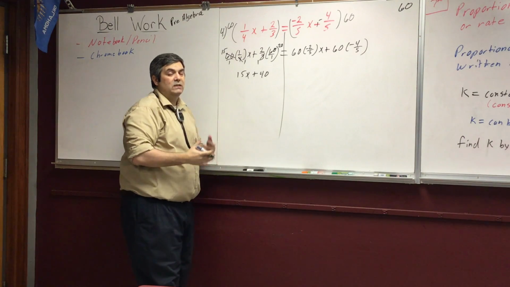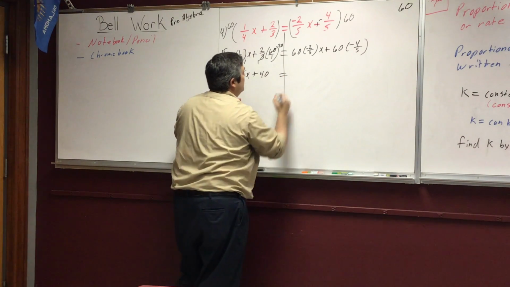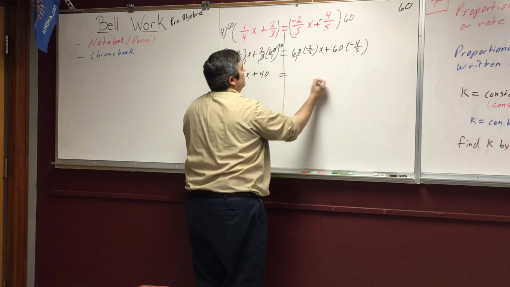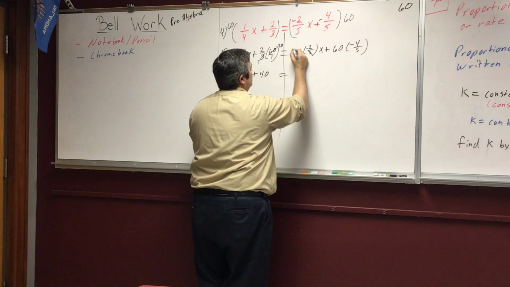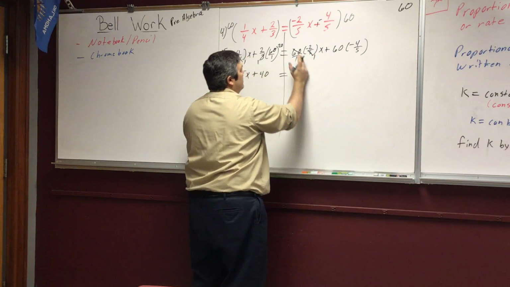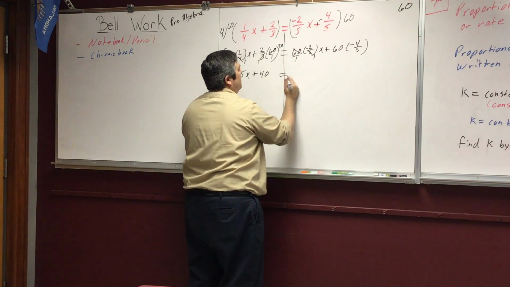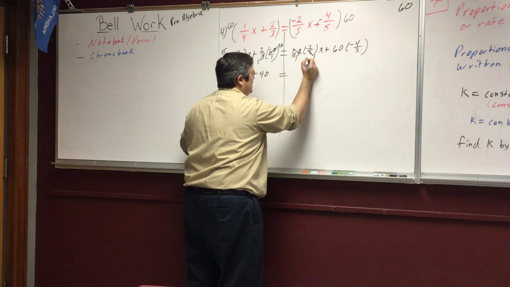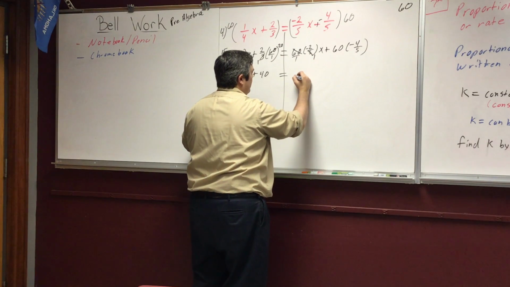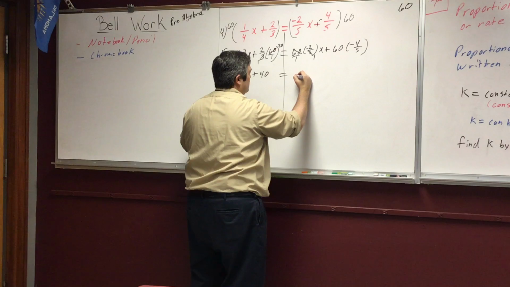The whole point of this is to get rid of that fraction. Equals, and then again, over 1, now cross cancel, this and this, this becomes 1, again we're dividing by 5, divide by 5, divide by 5, this becomes 1. 60 divided by 5 is 12. 12 times 4.